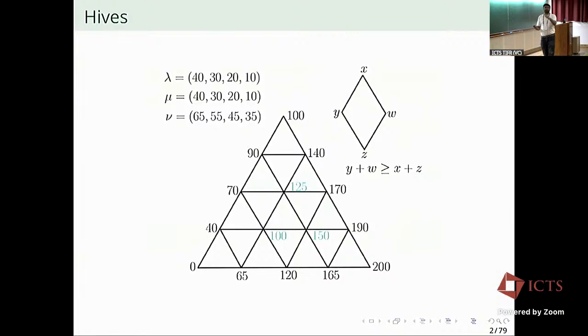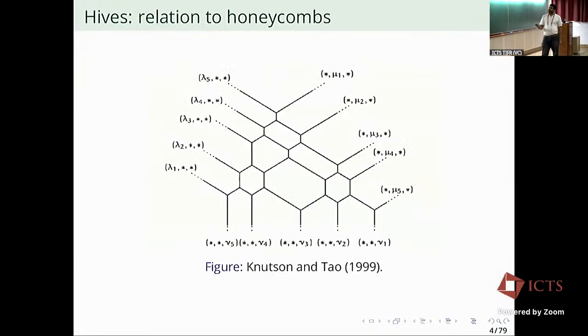Because if you have a bunch of linear inequalities, then the set of points that satisfy all these linear inequalities form a polytope if it's bounded, and these turn out to be bounded. So these lengths here are equal to the slacks of certain rhombus inequalities, and one can see that if one takes a hexagon in that hive and you go around, then when you add this plus this plus this plus this plus this plus this, you will get back to where you started off.